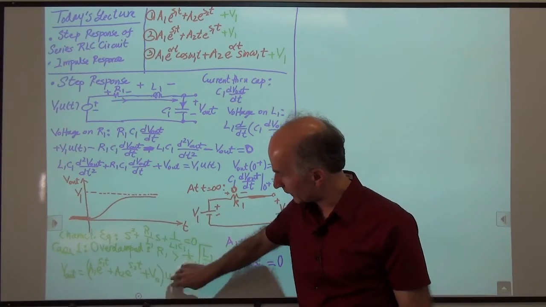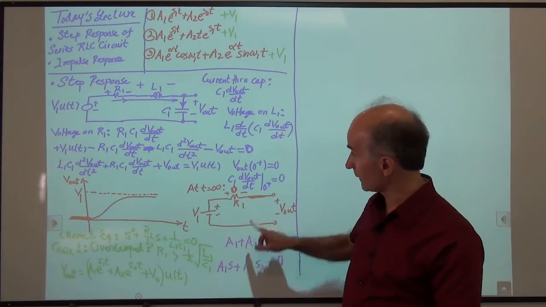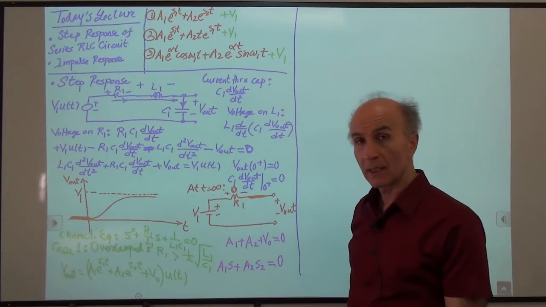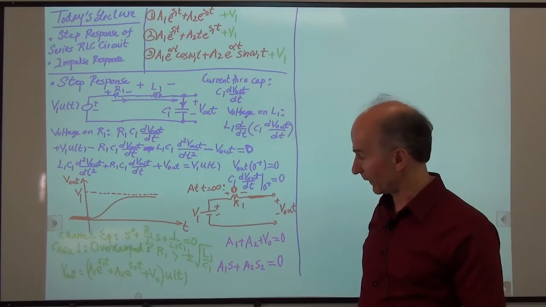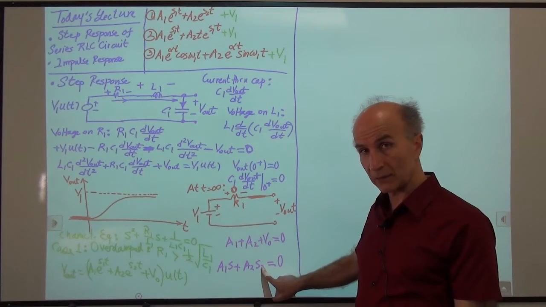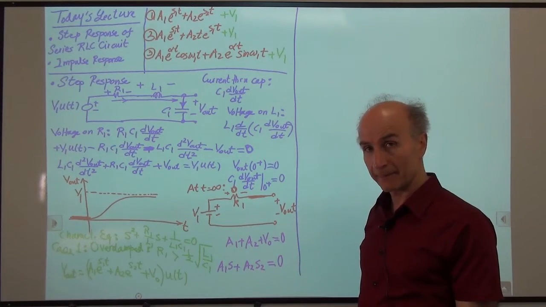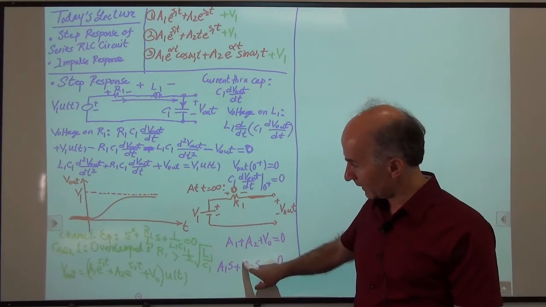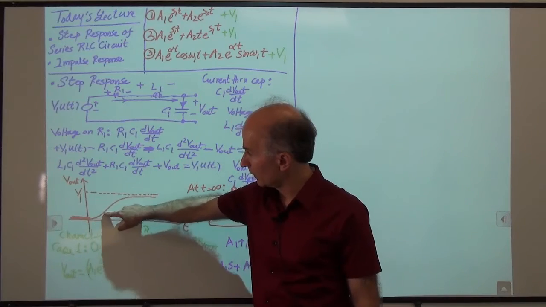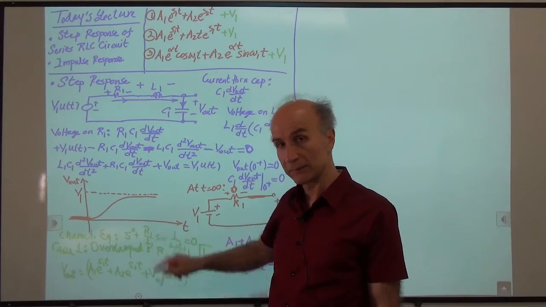It will be delta of t times this evaluated at time 0, and that would be just V out itself at time 0. So the weight of the impulse is 0. We don't have to worry about that. So from these two conditions, we can find A1 and A2, and then we have the complete solution for the system. In this case, the output just goes up and slowly approaches its final value.